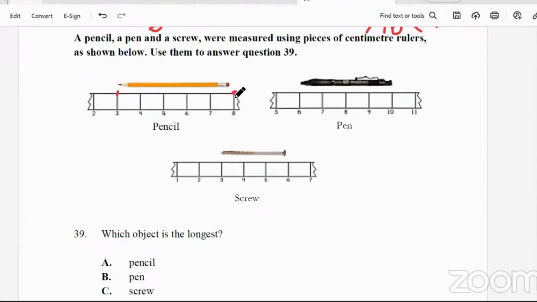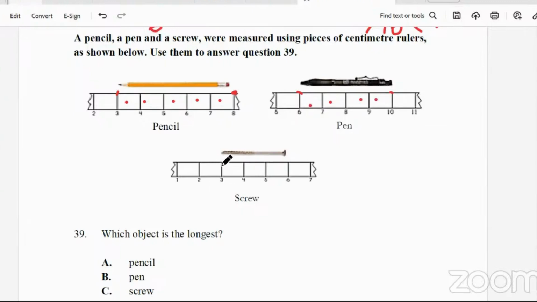Now, you might be tempted to look at the units here and see that the pencil stops at 8, the screw stops at 6 and the pen stops at 10, and then assume that since the pen stops at 10 it is the longest, but what we have to check is how many units it covered. So the pencil covered 1, 2, 3, 4, 5 units, okay? And the pen covered 1, 2, 3, 4 units.